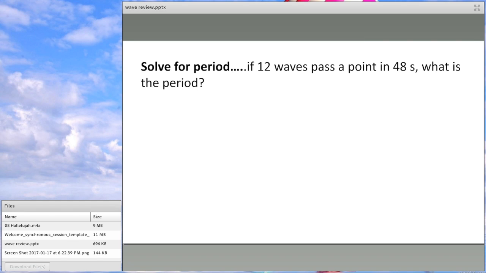Okay, so here's the next one. So if we want to solve for period, we have 12 waves passing a point in 48 seconds. So we have 12 waves per 48 seconds. Okay, so this is actually a frequency, this thing that they've given us.